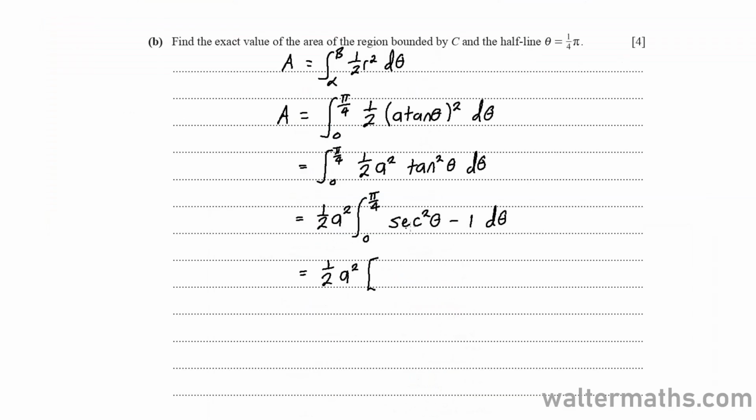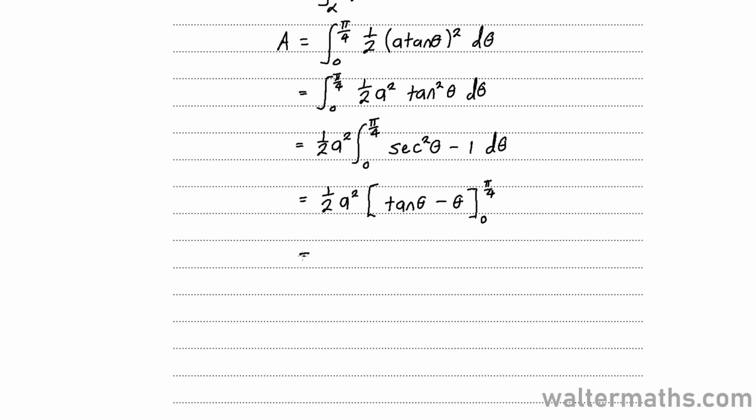So here, if we integrate sec squared theta, we should get tan of theta. And that's minus integrating 1 with respect to theta gives us theta. And that's for values from 0 to pi over 4. So from here, we'll be having half a squared.